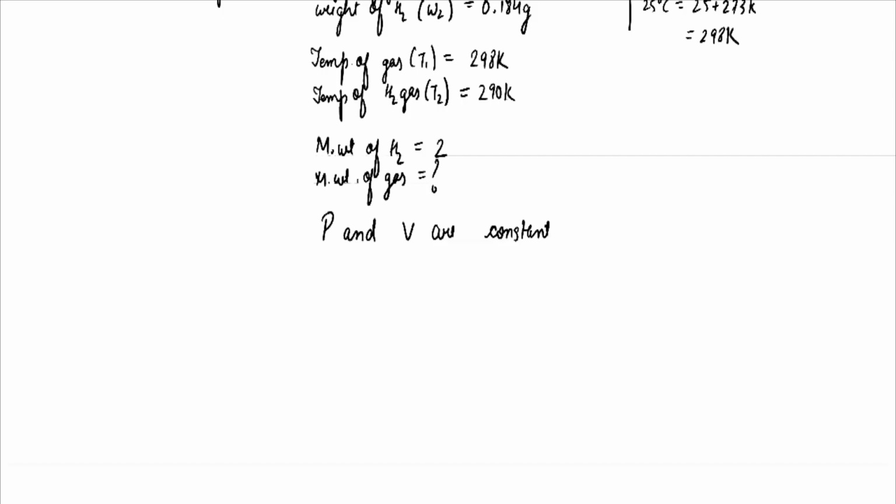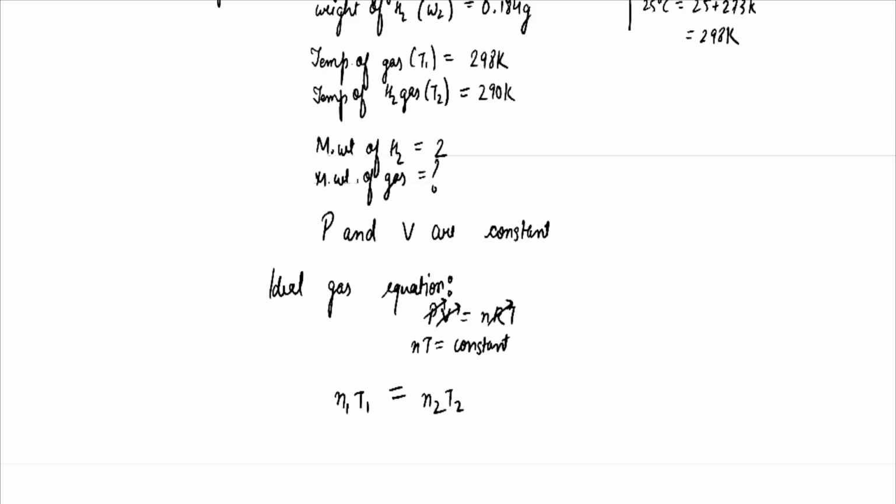In the ideal gas equation PV equals nRT, with pressure constant, volume constant and R constant, nT equals constant. So we can write it as N1 T1 equals N2 T2.